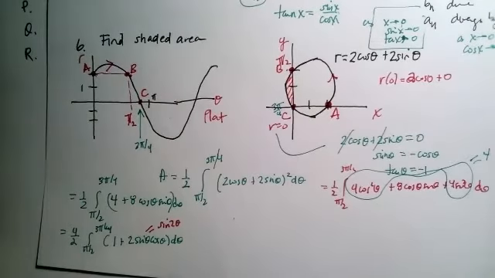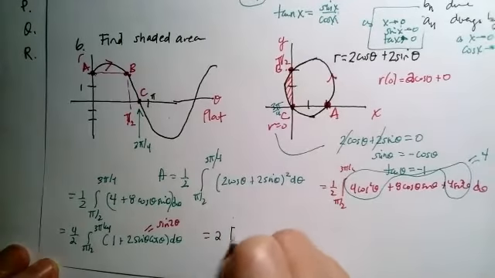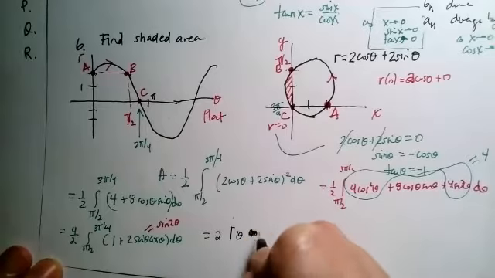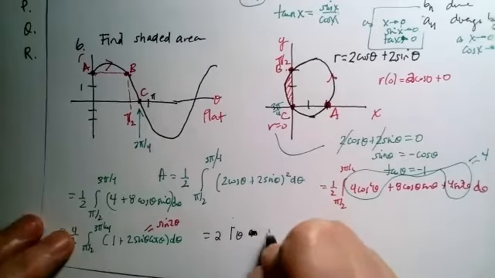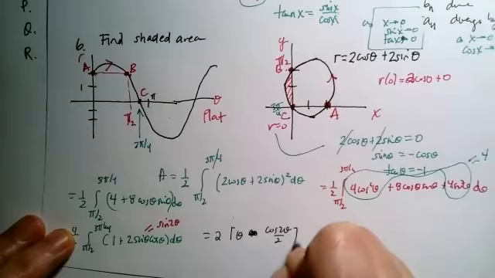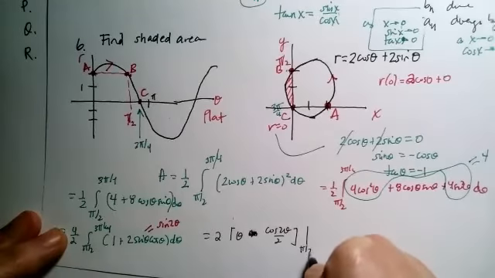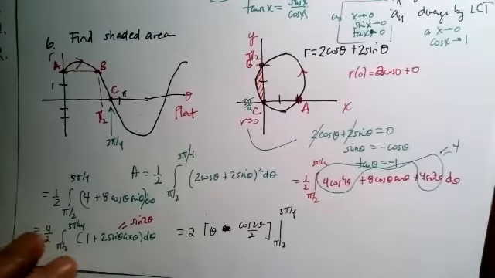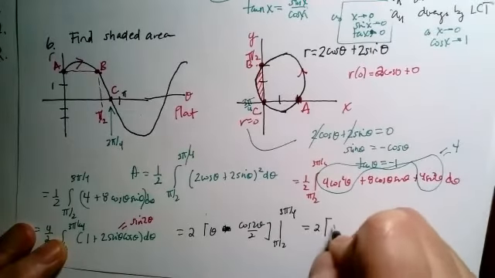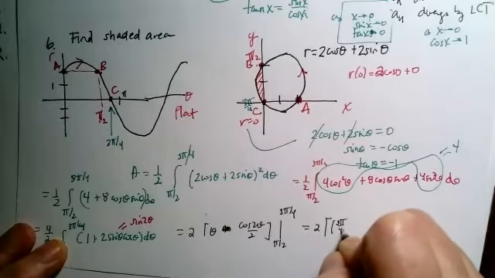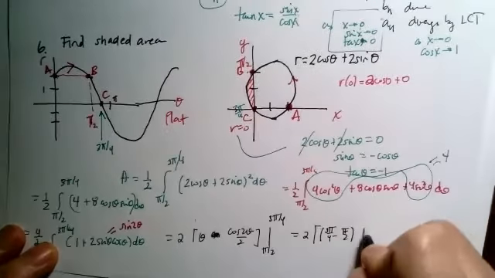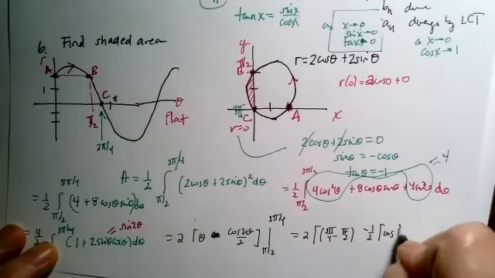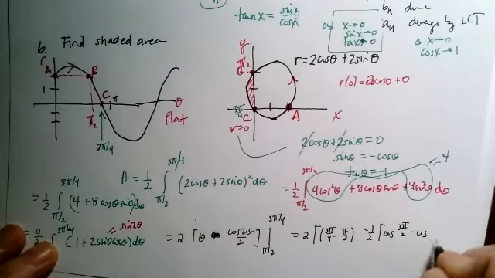This will become a 2. We'll get 2 times theta plus or minus, it's going to be minus cosine 2 theta over 2. And we have to evaluate between pi over 2 and 3 pi over 4. Okay, so that's going to give us 2 times 3 pi over 4 minus pi over 2 minus 1/2, and we'll have what? Cosine 3 pi over 2 minus cosine pi.